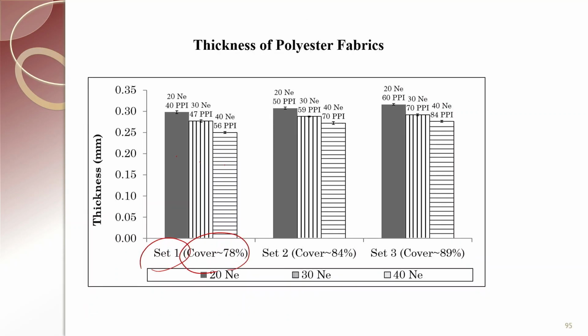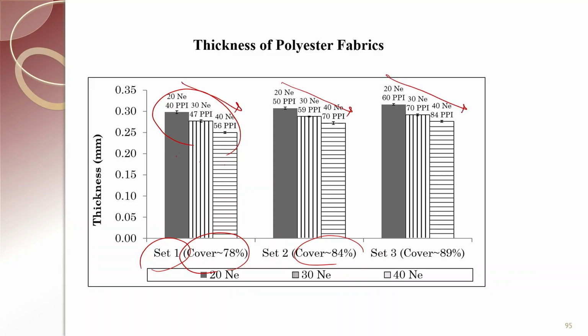For 78% cover factor, we can see that the thickness is consistently reducing. The same trend is true for the other sets. For set 2 with a cover factor of 84%, the thickness reduces.